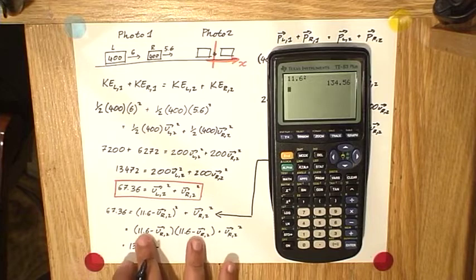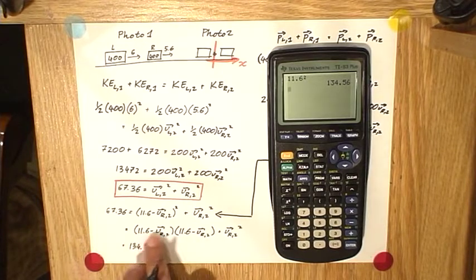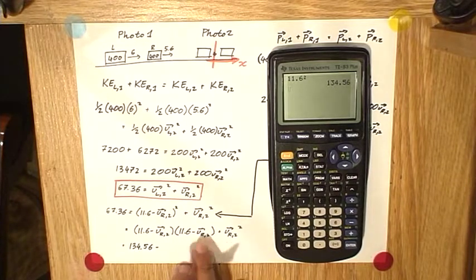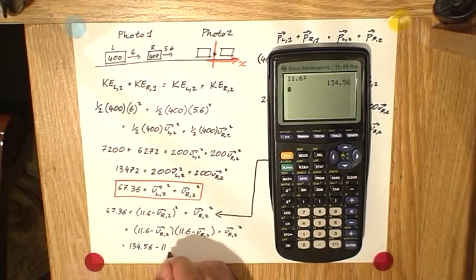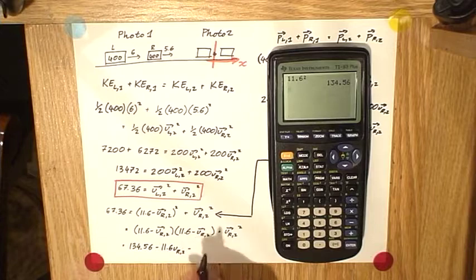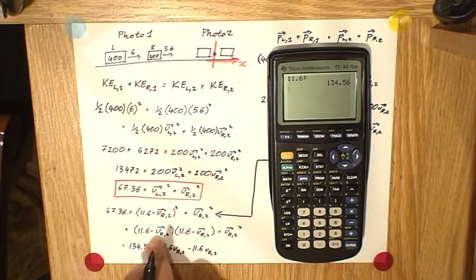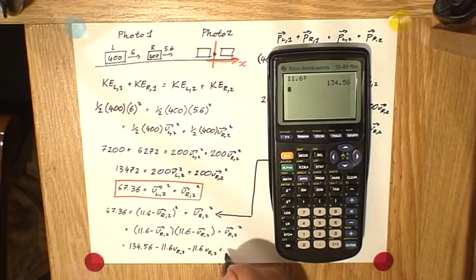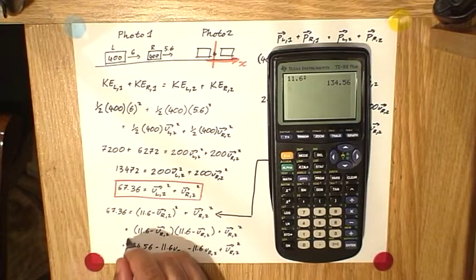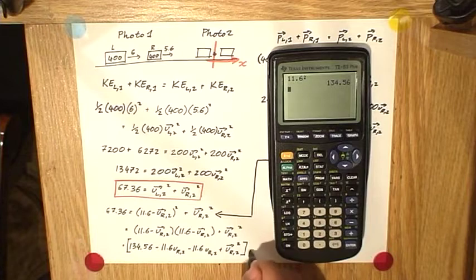Minus outsides. You have 11.6 times negative VR2. That gives us negative 11.6 VR2. Minus insides, 11.6 times VR2. VR2 times VR2, which is plus VR2 squared. Plus VR2 squared.